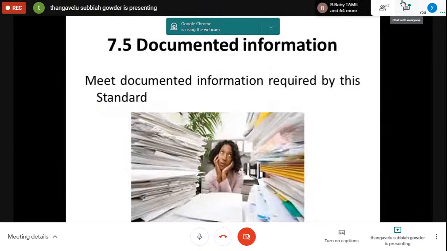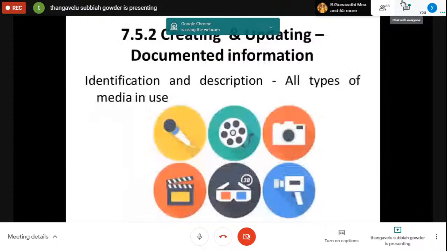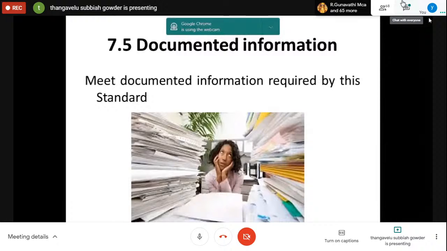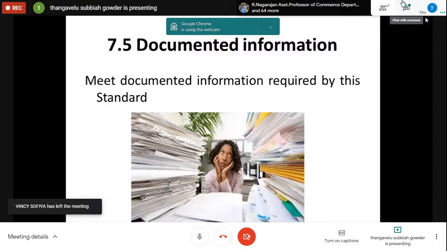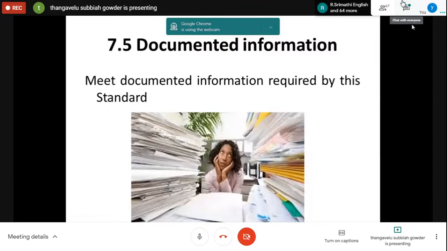And we are having the documented information. See, this ISO system does not require too much documentation. But where it is required is if you do not have continuity, it should not depend on the persons. If all the people in the department are able to give the same reply to a particular question, documentation is not required.